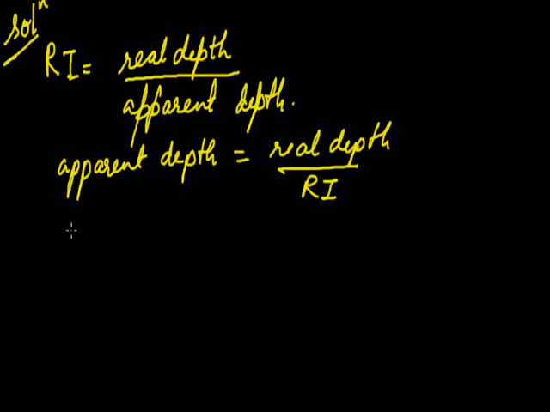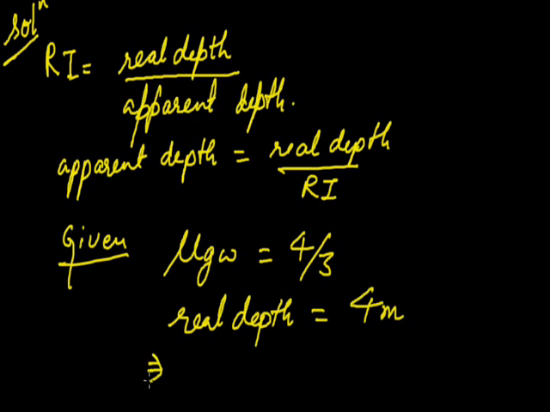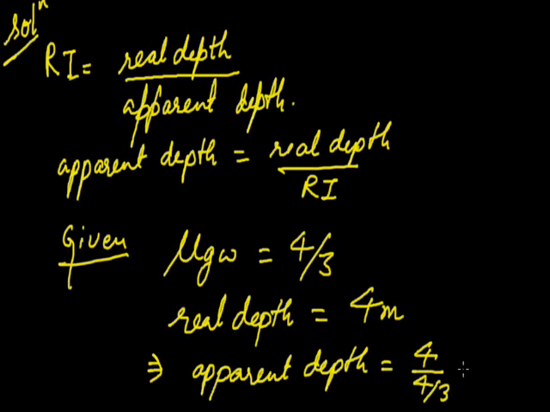In the question, we are given that the refractive index of water is 4/3, and the real depth is also given and it is equivalent to 4 meter. So when we put the values in the formula, we get the apparent depth equivalent to 4 meter upon 4/3, and it is equal to 3 meter.